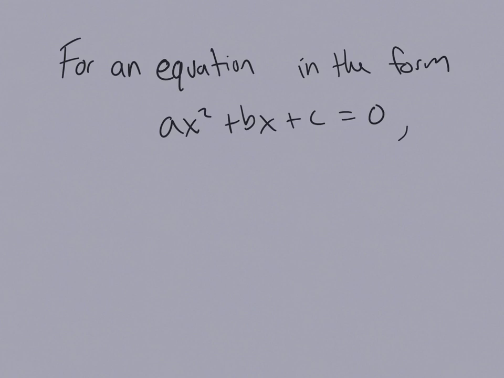So we can find the solutions using the formula x equals negative b plus or minus the square root of b squared minus 4ac all over 2a. That's the quadratic formula, right? Notice how I say all over. That fraction bar goes across the whole thing. So it's everything on top divided by 2a.